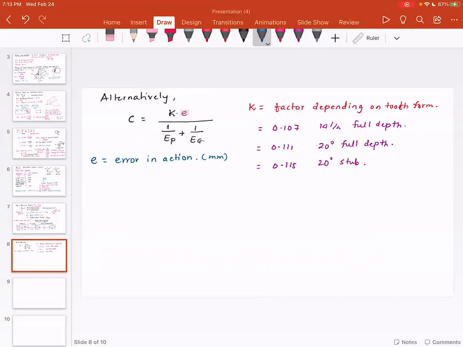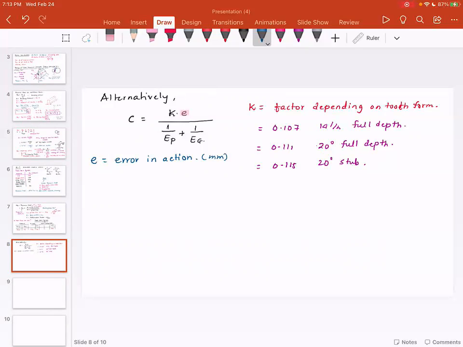Now, this E value typically is not chosen randomly. So for example, I will give you a sort of logic behind the error in action.